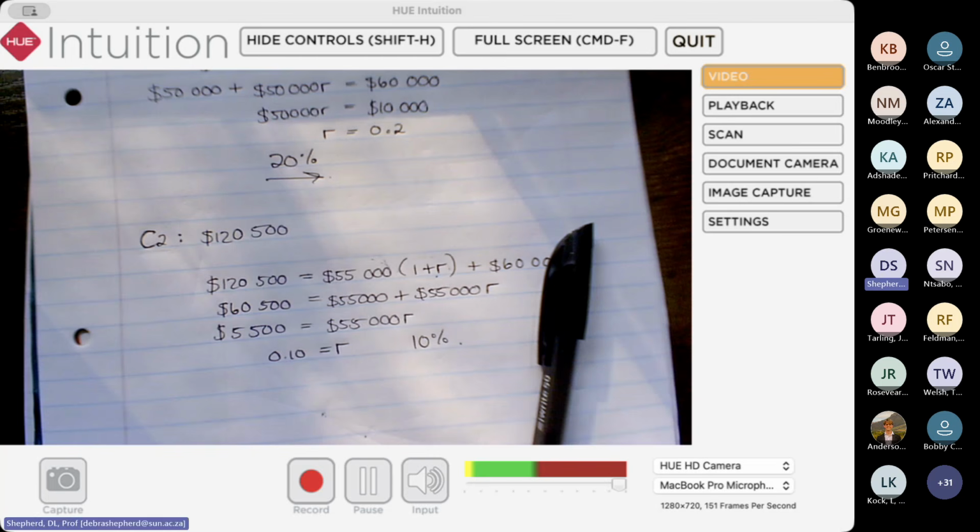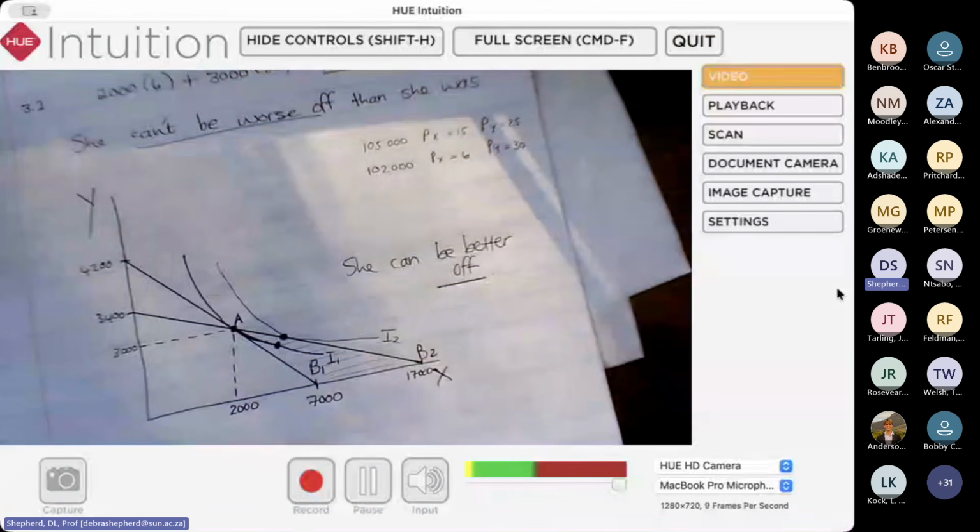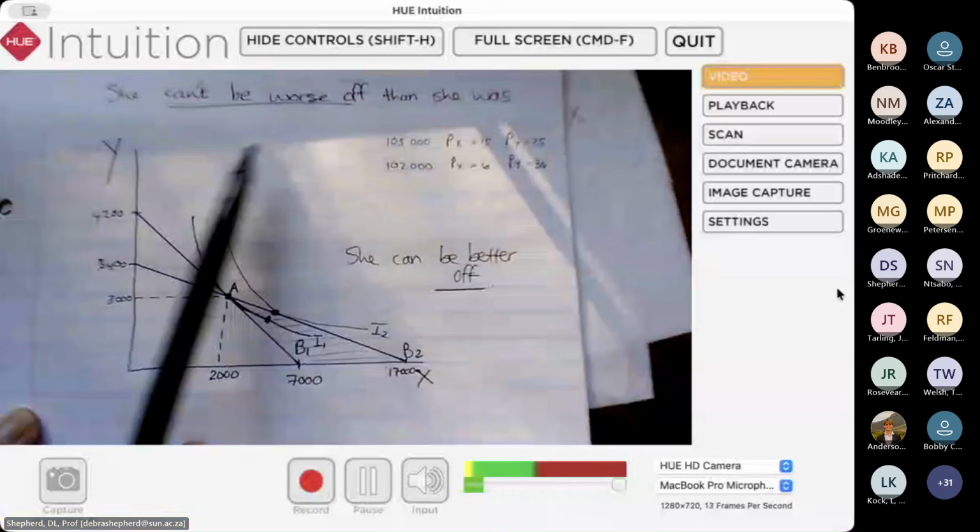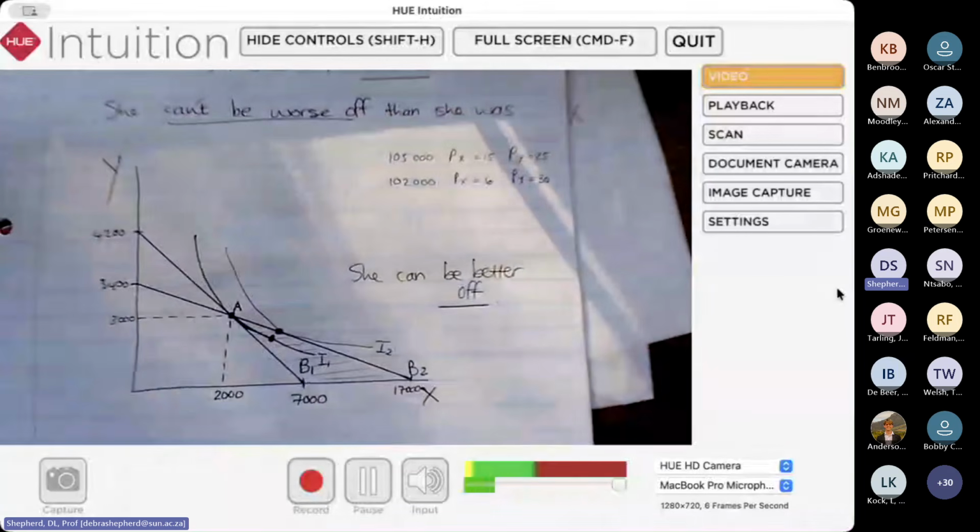Okay, cool. I see Sophia, you asked, is there a way to answer this question mathematically instead of graphically? I'm guessing you mean the previous question, the one with the change in prices and income. It wouldn't be possible to do this mathematically without having the utility function. We don't know what the utility function is, but we can reasonably assume that this consumer has well-behaved, usual-looking preferences, so convex indifference curves.